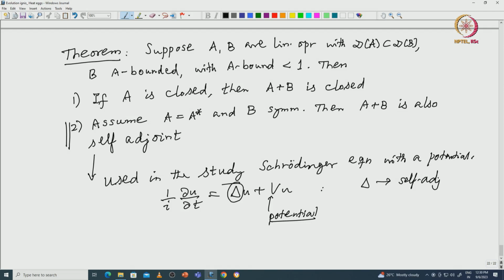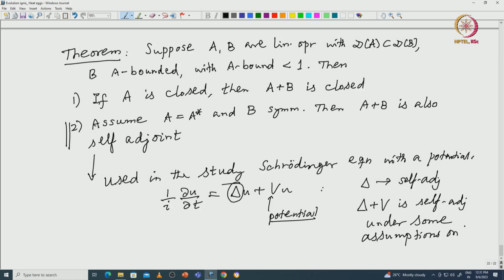So, then under certain conditions on the potential V, this is also going to be self-adjoint, and that is what we want, under some assumptions on V. And that is where you require your knowledge of Sobolev spaces and various inequalities.